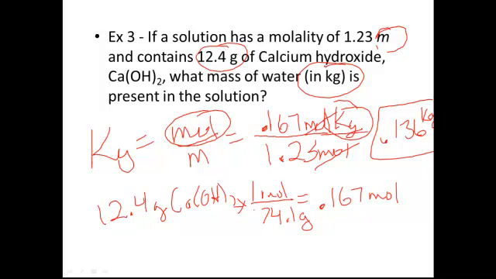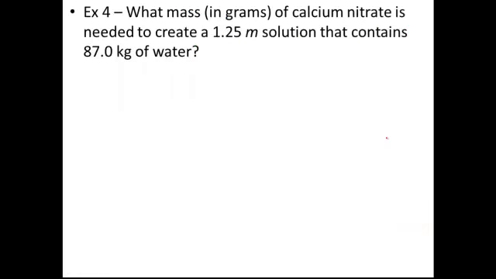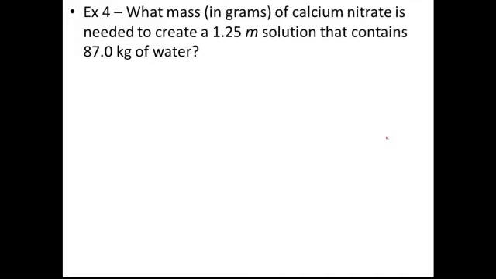If they had asked for the answer in grams, we could just move this decimal point 3 spaces to the right, and that would give us 136 grams. But they don't ask for that, so we leave it as 0.136 kilograms.